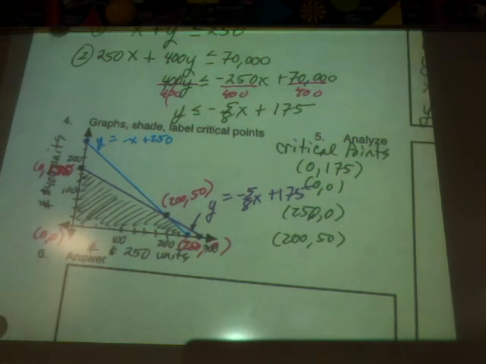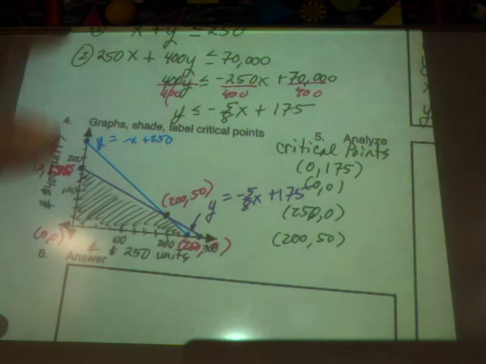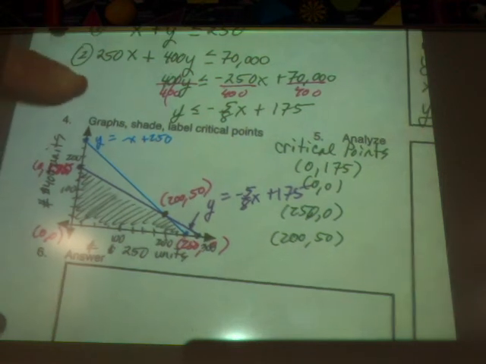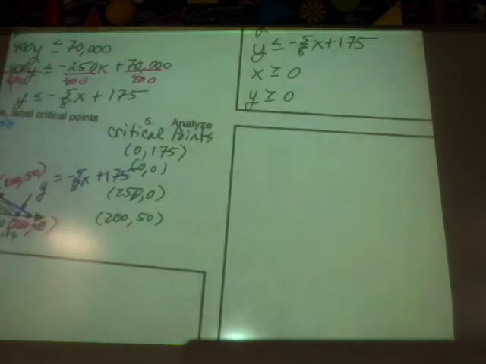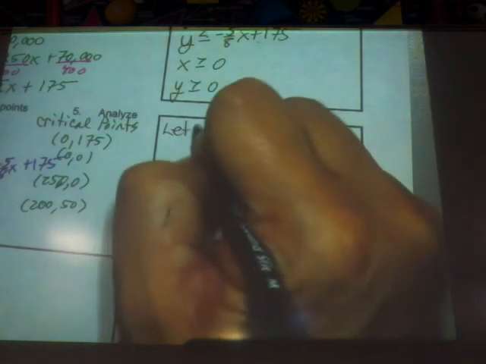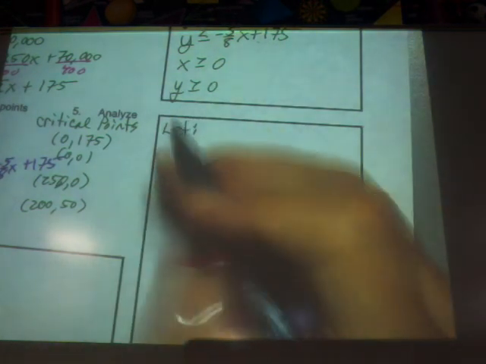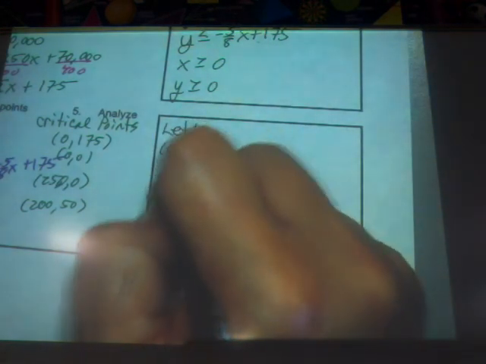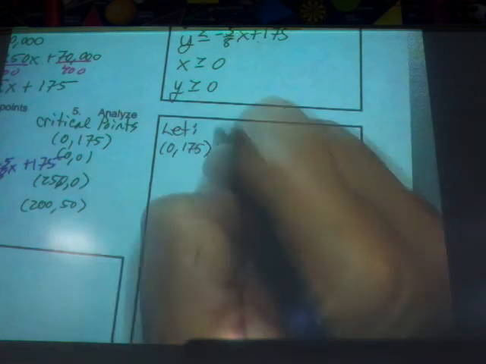So here's what you're going to do. You're going to analyze it over here. So we're going to take our profit equation, which we haven't looked at yet. We're going to take those critical points and your profit equation. So we're going to let, for when we have 175, you're going to put that into your profit equation.